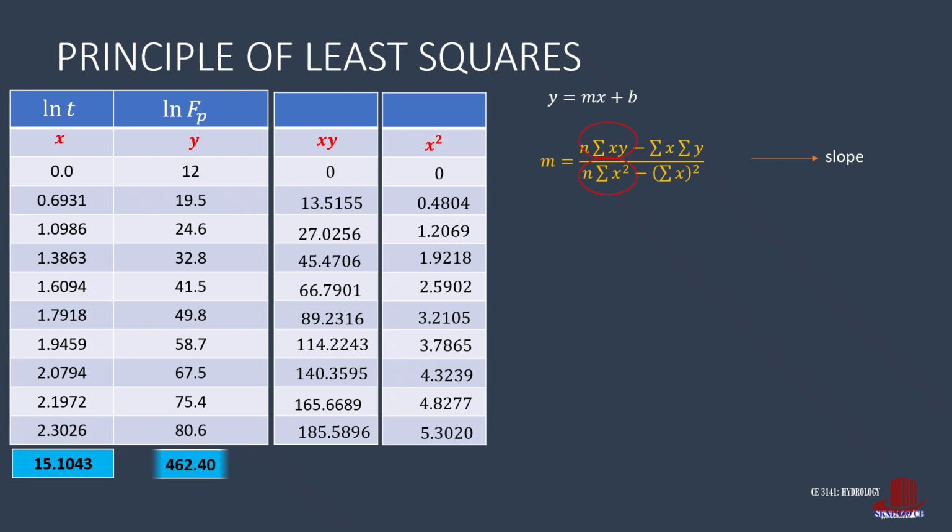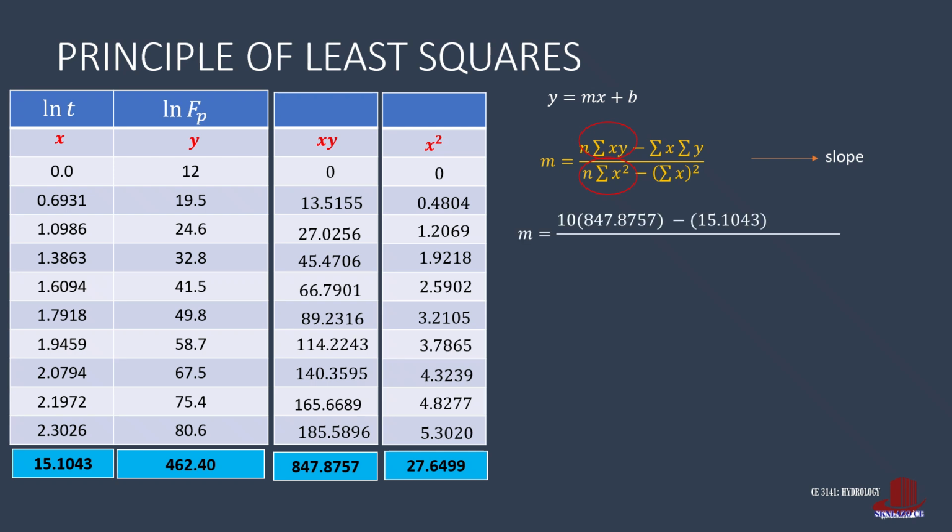Now take the summation of each column, providing 15.1043 for x, 462.4 for y, then 847.8757 for xy, and 27.6499 for x squared.